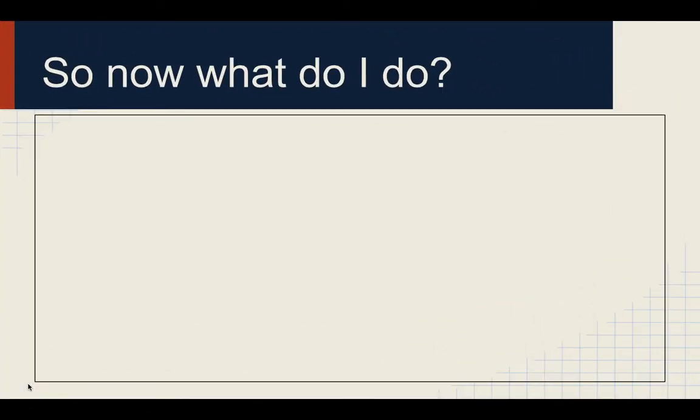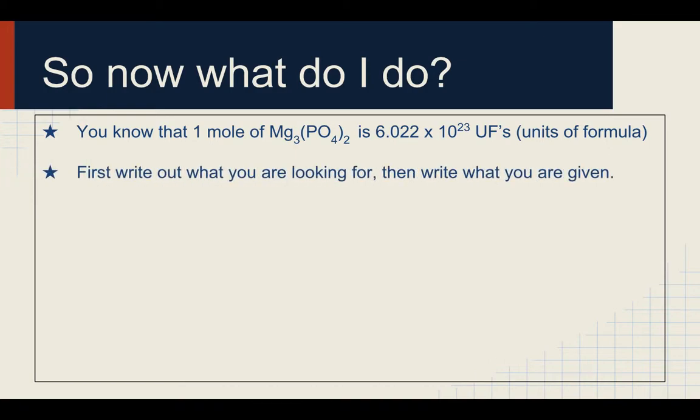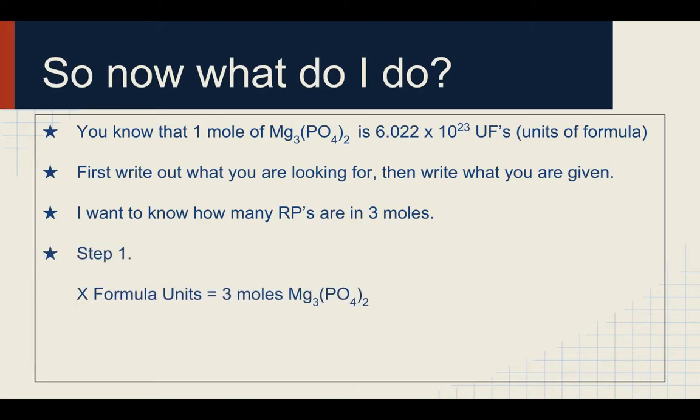So that is all I need to know, is this right here and 1 mole. So what do I do now? Well, just like before, I know that 1 mole of Mg3(PO4)2 is that. So first, write out what you're looking for, then write what you were given. Same as with the molar mass problems. So I want to know how many RPs are in 3 moles. Step 1: X formula units is equal to 3 moles of magnesium phosphate. That's the first step.